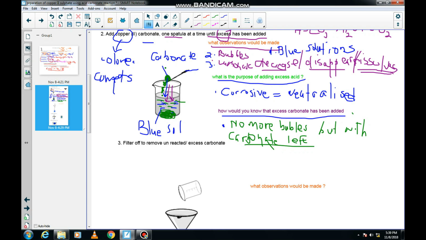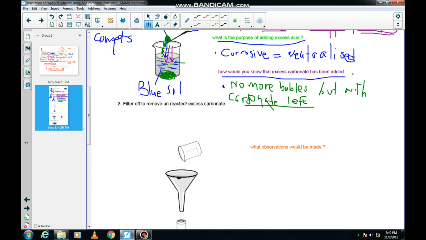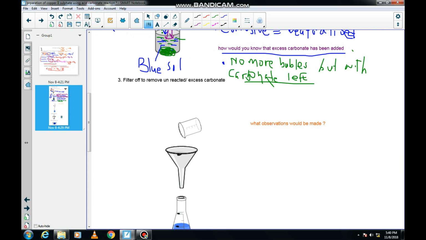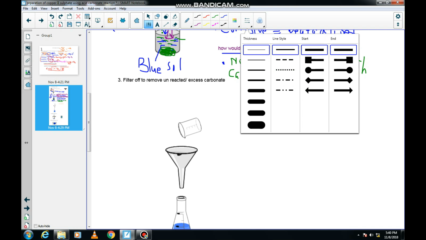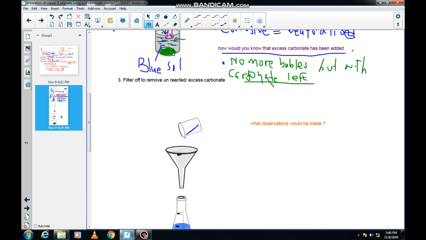And then step number 3 says, filter off to remove the unreacted carbonate. So you filter the solution to remove the unreacted carbonate. Pour your mixture like that into a funnel fitted with a filter paper.